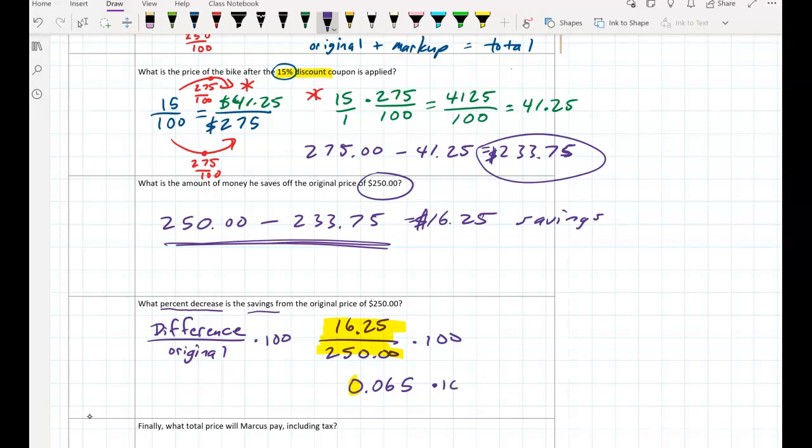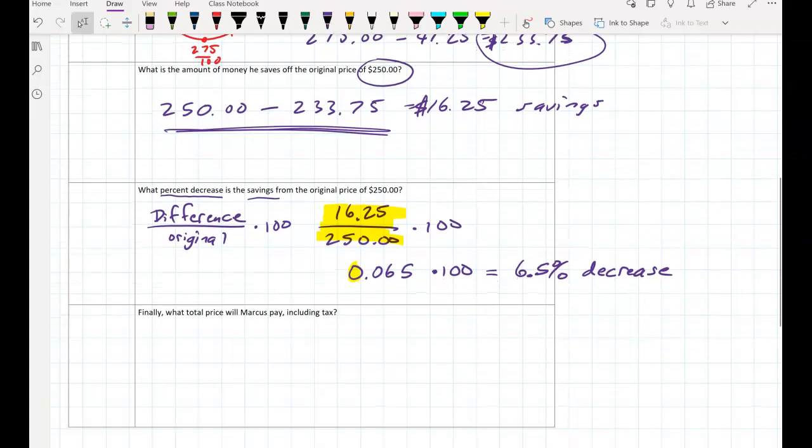And we're going to multiply that by 100 to change it to a percent. And that equals 6.5%. So the price was a 6.5% decrease from what he would have paid if he had been a member of the club before the markup, before the discount. Okay, 6.5% decrease.